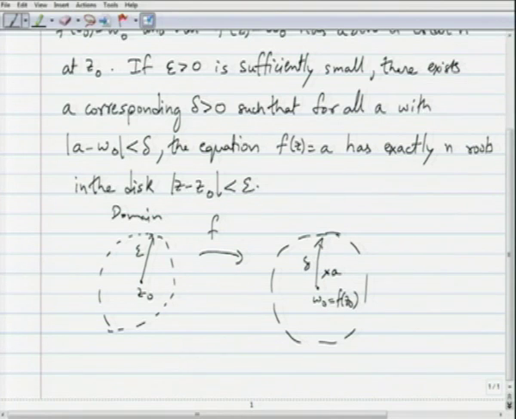Each point A is assumed n times here; there are n points, counting multiplicity, such that f of z is equal to A for these points in the epsilon neighborhood. That is what this theorem asserts.